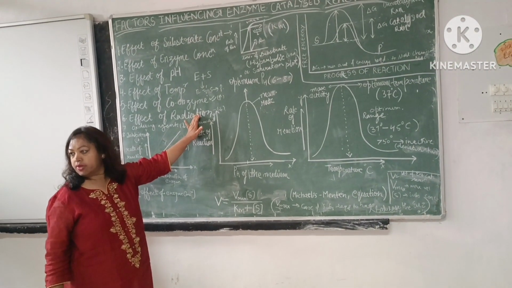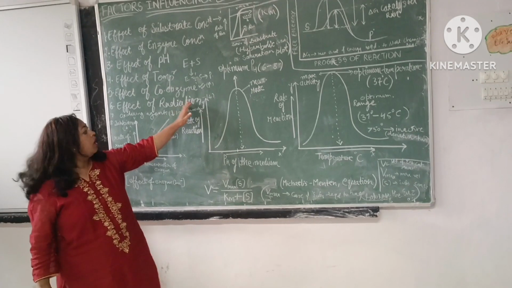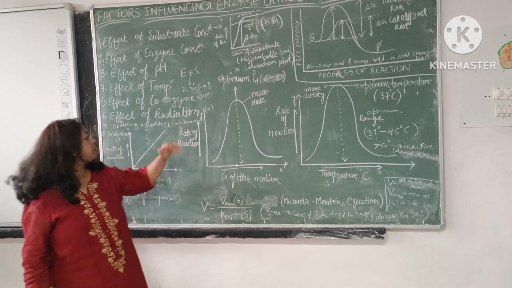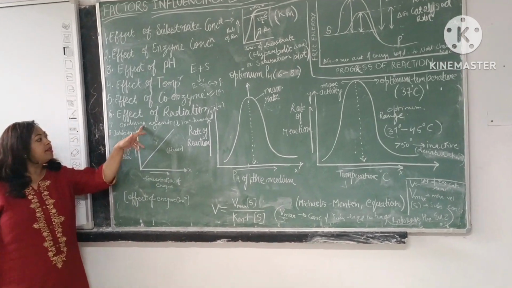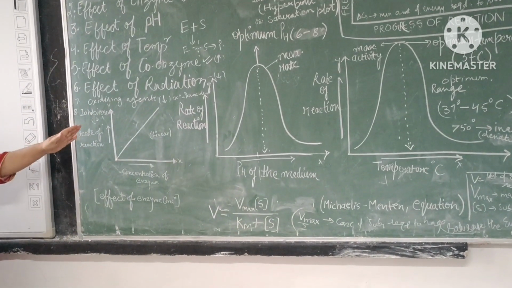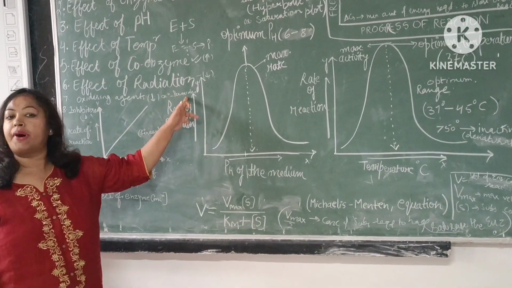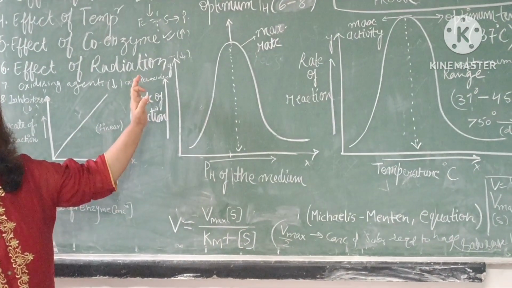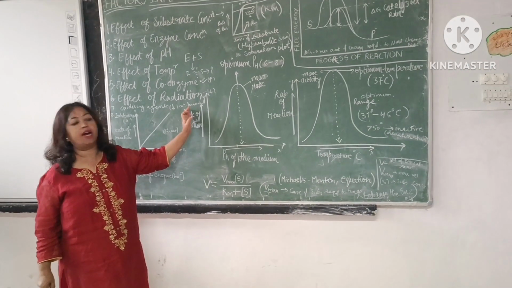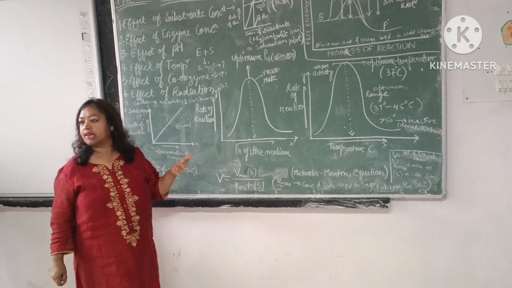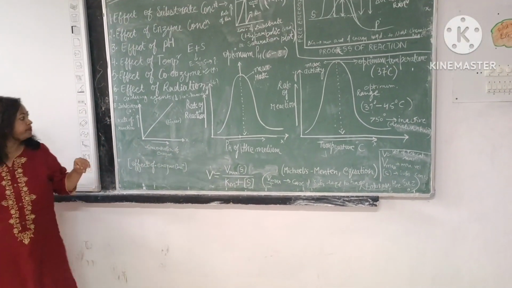Radiations are always harmful. They will decrease the rate of reaction. Then oxidizing agents, how do they decrease the reaction? They will cause the oxidation of the enzyme by forming peroxides, and thus they will also decrease the rate of reaction.